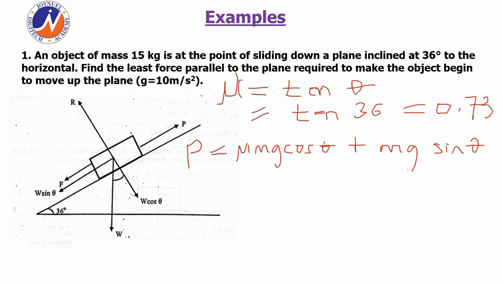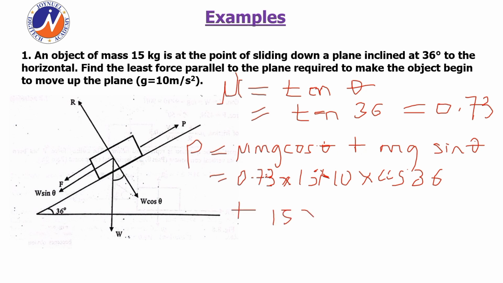If we put all the values, we'll have 0.73 times m times g times cos 36, plus m, which is 15, times 10 sine 36.